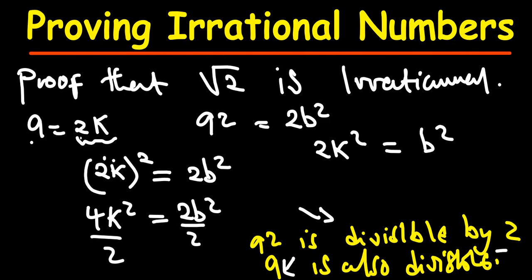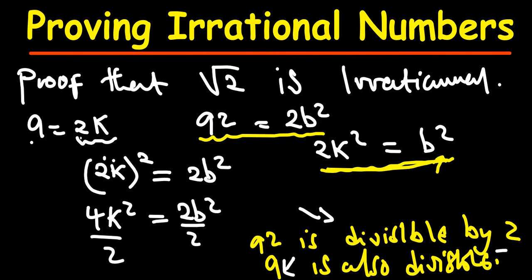So once we reach there, we have our second part of the proof that we need. We notice that this here is quite similar to what we had there. We had a squared equals 2b squared, and here we have b squared being equal to 2k squared.